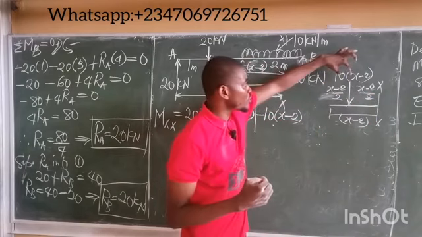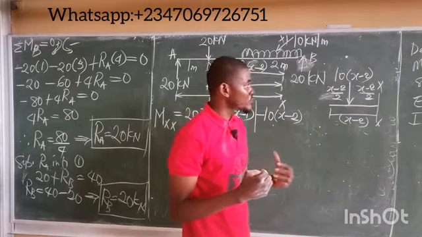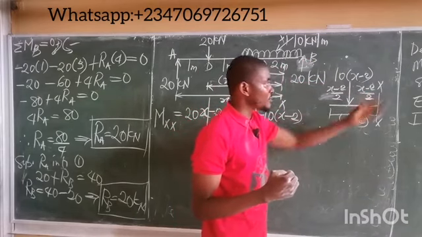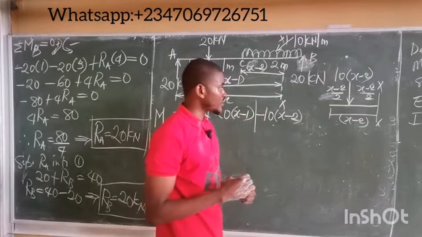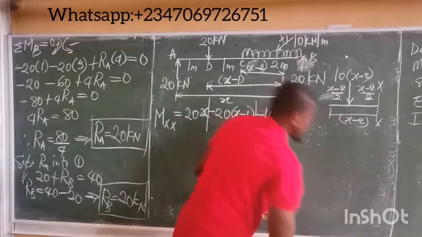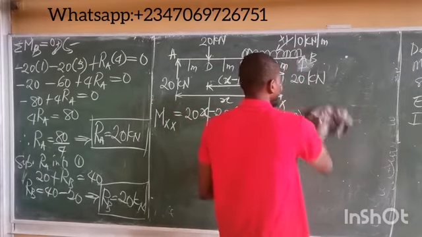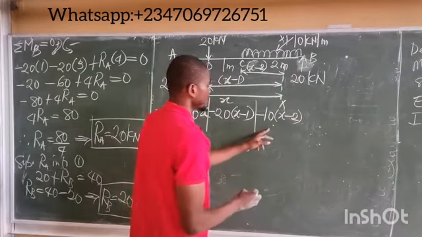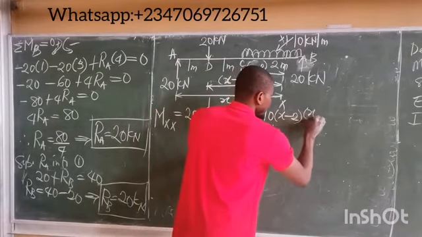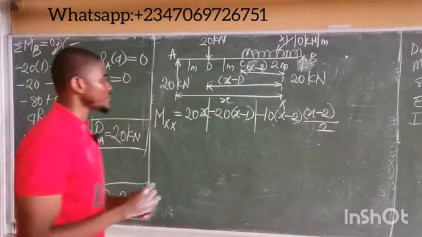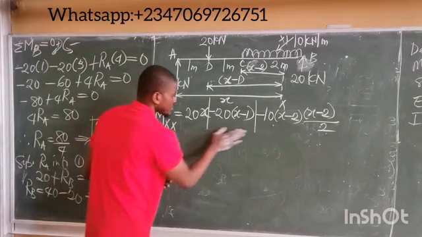So I'm going to multiply this force, 10 into x minus 2, by x minus 2 all over 2 before you can take moment about the point of section. Not forgetting that, okay? I will take this off now. So the moment of this force becomes times x minus 2 all over 2. So that becomes the moment about that point.